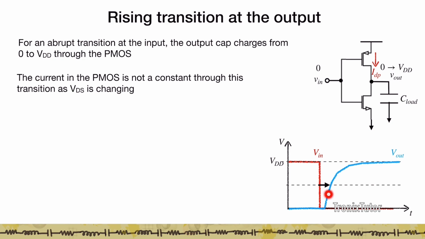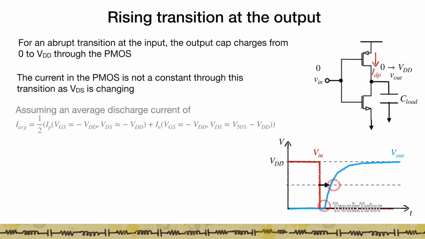The delay again is measured at VDD by 2, and using the same logic as before for the NMOS, we talk about an average current between these 2 points, right? So the average current at the point when the PMOS initially starts charging up, which is when VGS is equal to minus VTD, VDS is also equal to minus VTD. That is, this node is at 0 and this node is also at 0.